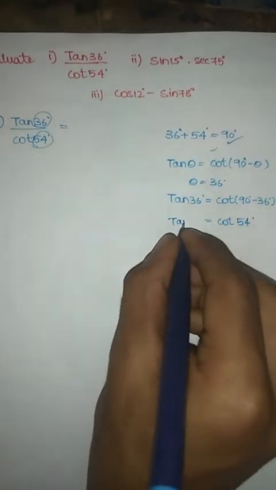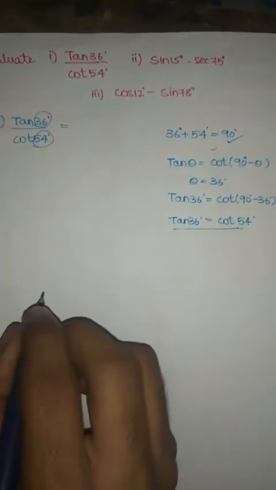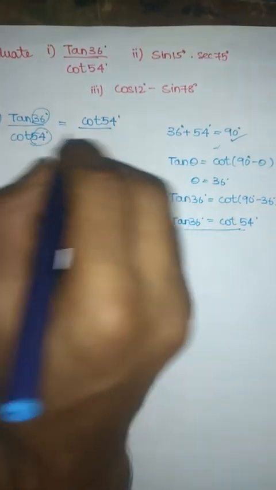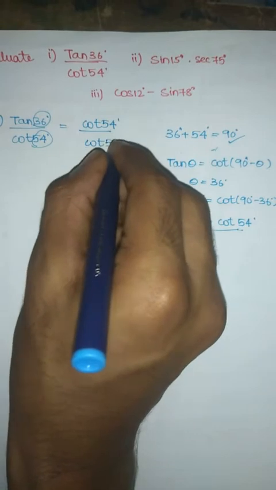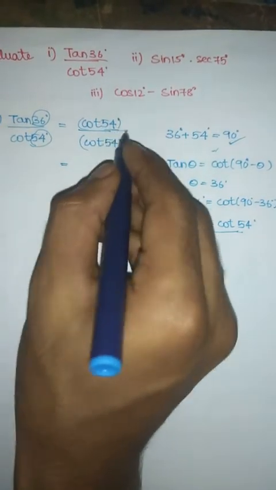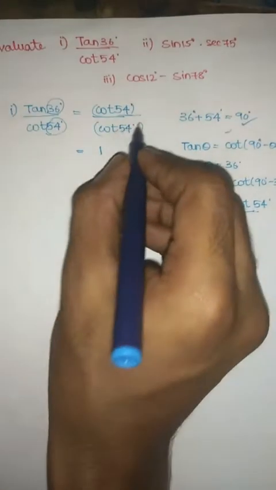So in place of tan 36, we can substitute cot 54 degrees by cot 54. Since both values are the same, they cancel out, and the answer will be 1.